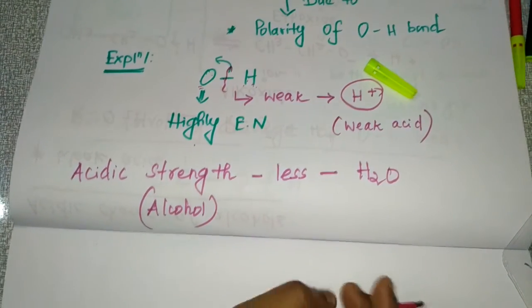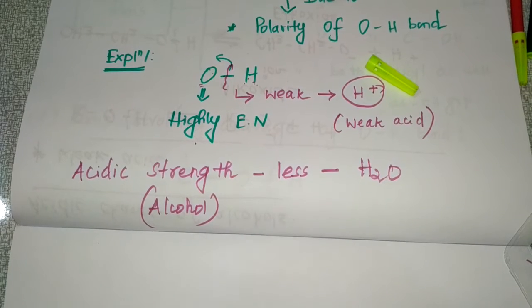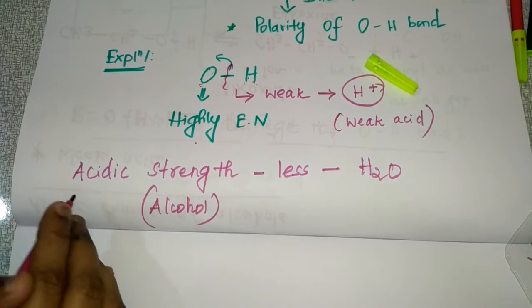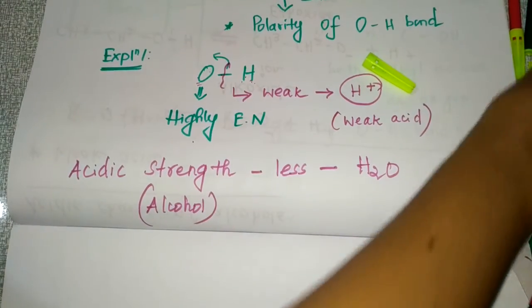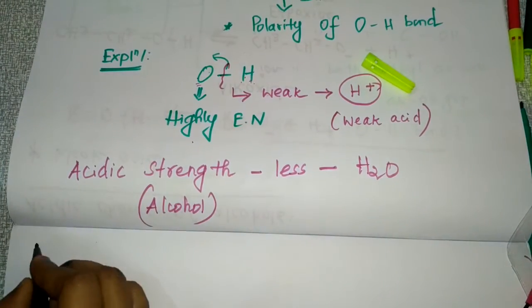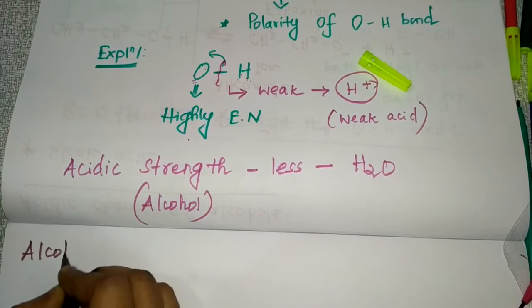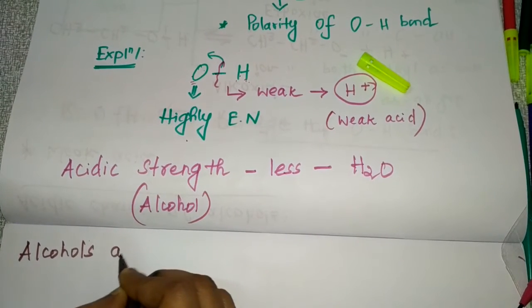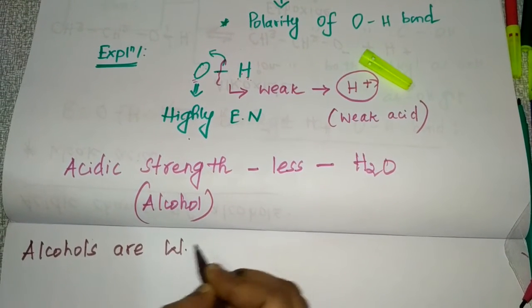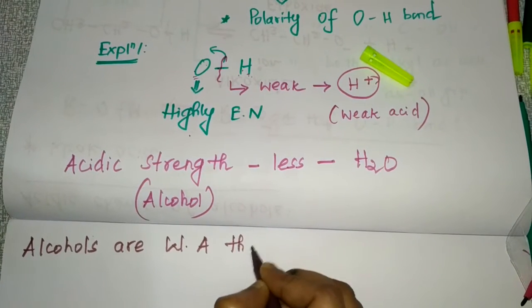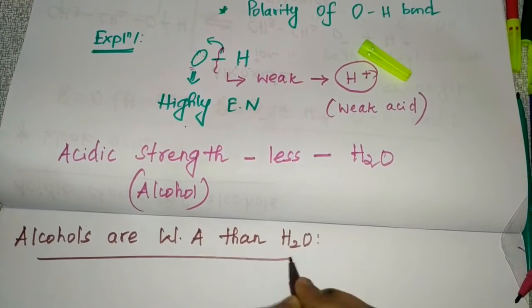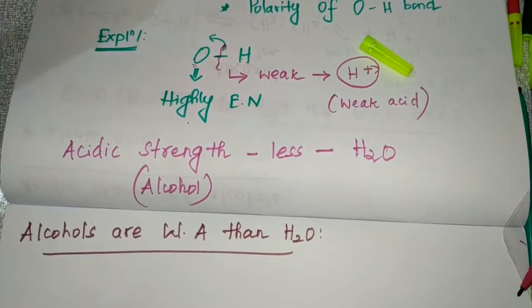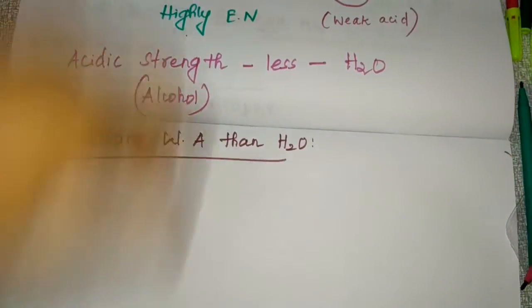Okay, so I'll give you the reason why these alcohols are weaker acids than water. Our next topic is alcohols are weaker acids than water. Why does it behave as a weaker acid than water? I'll explain with the structure.